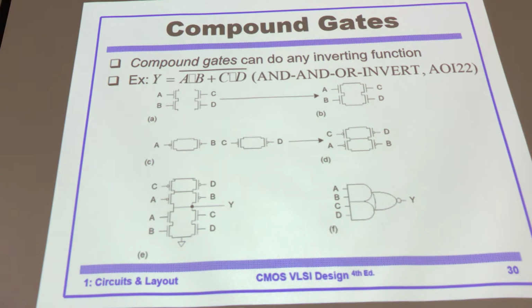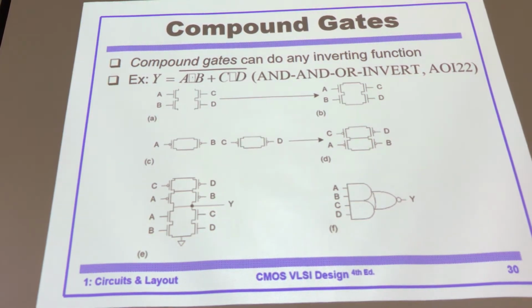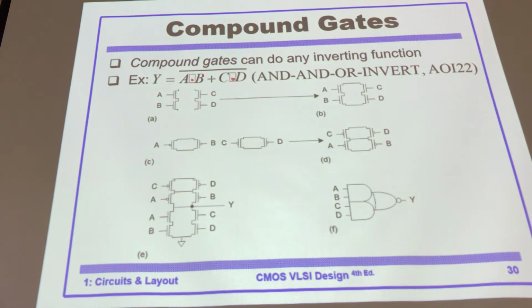AB, two MOS transistors, A and B, in series, right? AND is AND, I'm sorry. With a dot, meaning AND together. And B, so in series. This C and D, so in series. These two are all together, so parallel connection, right?